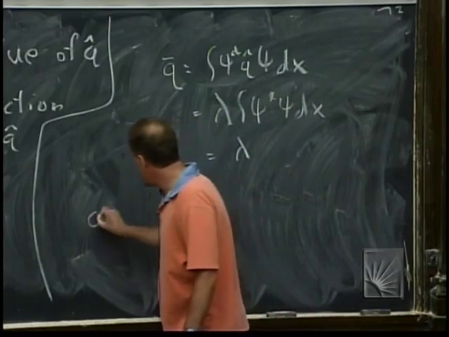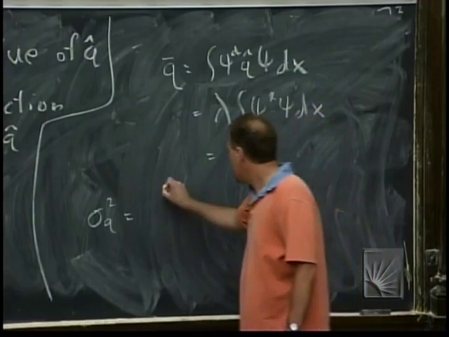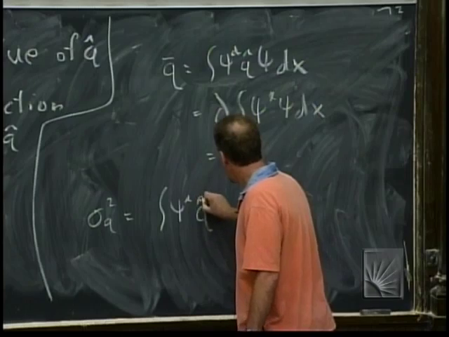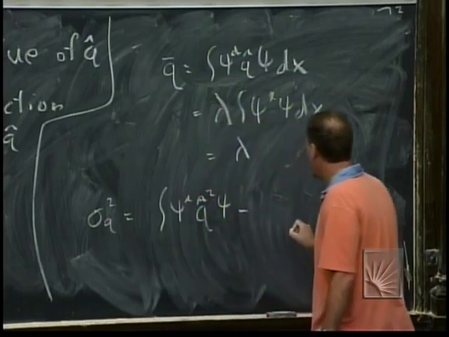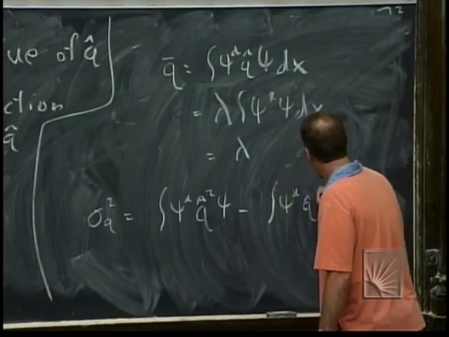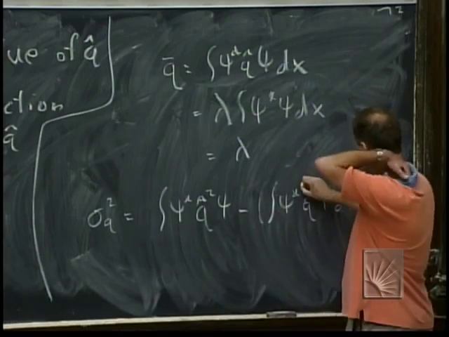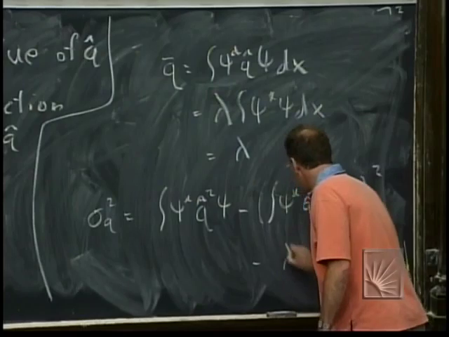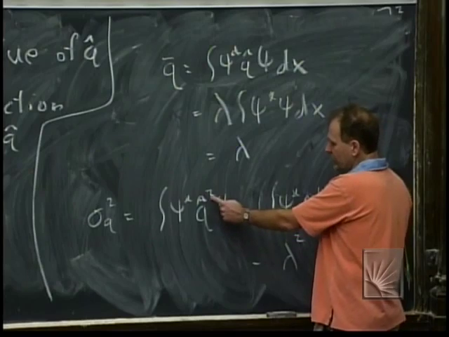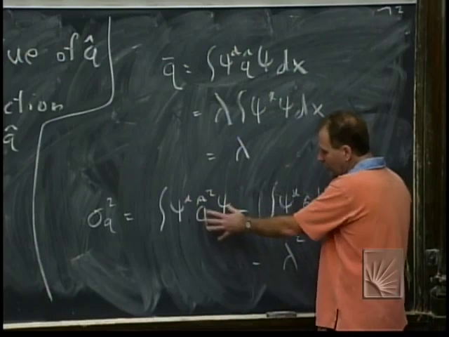Another feature is, what is sigma sub q? Let's go ahead and square it. Sigma q squared is the integral of psi star q hat squared psi minus, I'll write it down, the integral of psi star q hat psi dx, squared. I know what that is. This is just lambda squared. But I know what this is. If I do q hat times psi, it's q hat squared times psi, which is q times q times psi.